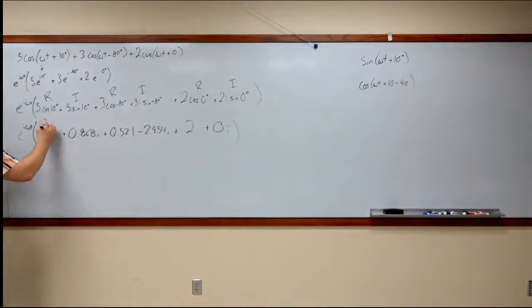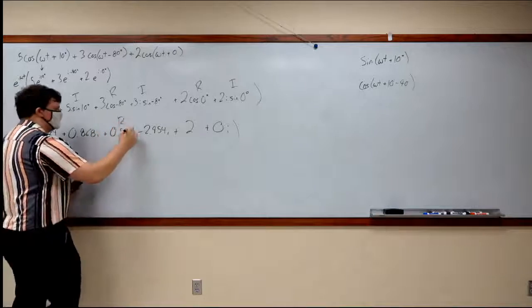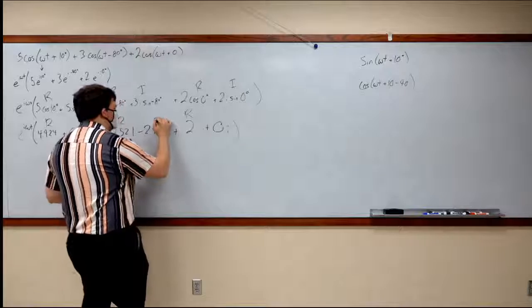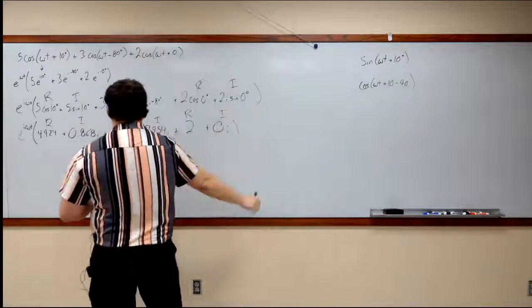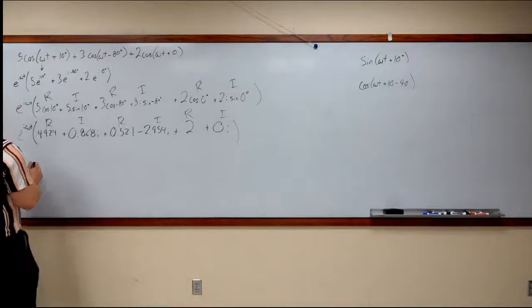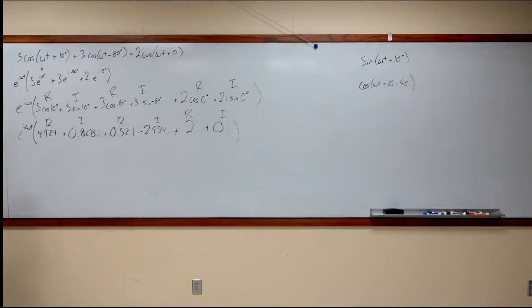Okay, so here we have a real component, we have a real component, we have a real component, we have an imaginary component, we have an imaginary component, we have an imaginary component. We sum our reals, we sum our imaginaries, and we go off of that. I do this in my head, but I'm tired. 4.924 plus 0.521 plus 2. Well, that is not right.